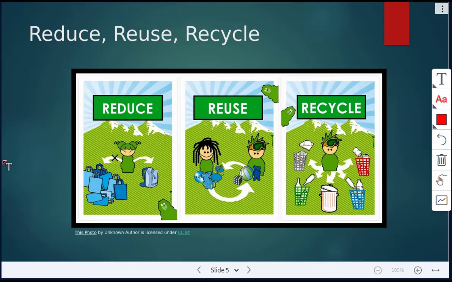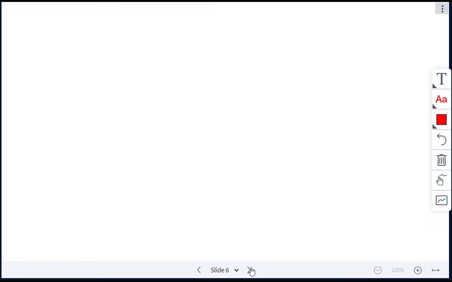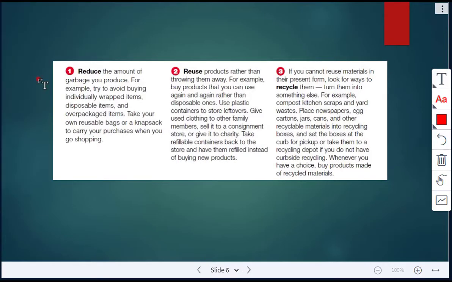All right, so again, ways to reduce our impact on the environment: reduce, reuse, recycle. Reducing. So by reducing the amount of garbage you produce, try to avoid buying individually wrapped items, disposable items, and overpackaged items.